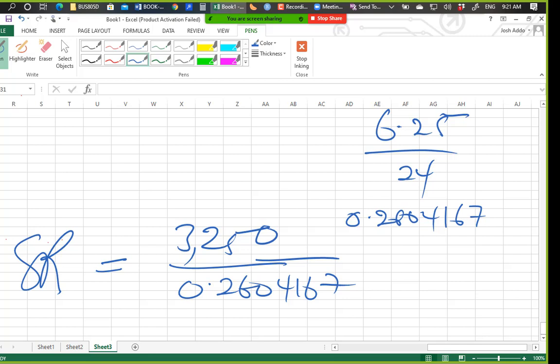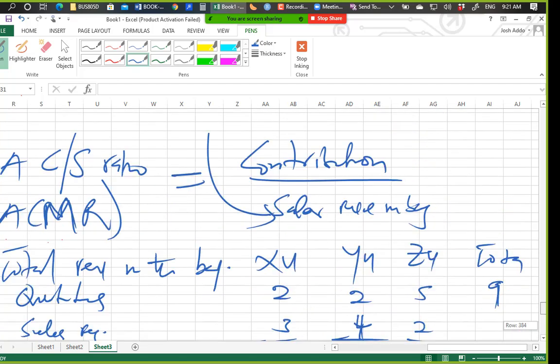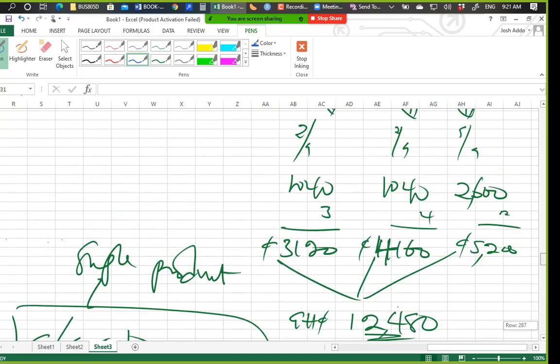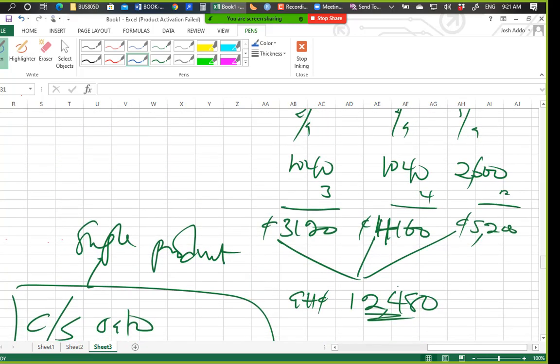So divide 3,250 by this figure. We should get the same or almost the same as the 12,480 that we had by adding the separate revenues. Yes, you remember this one. The separate revenues were 3,120, 4,160, 5,200. If we add them, we get this.